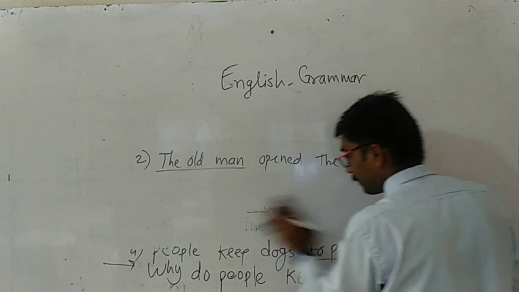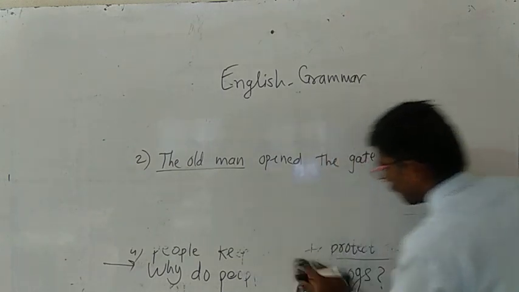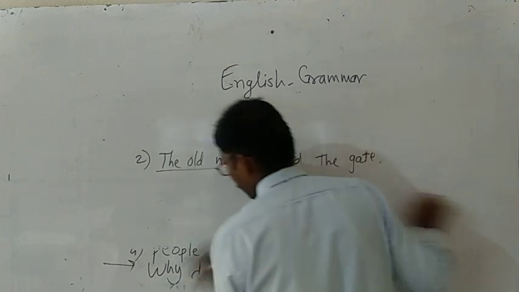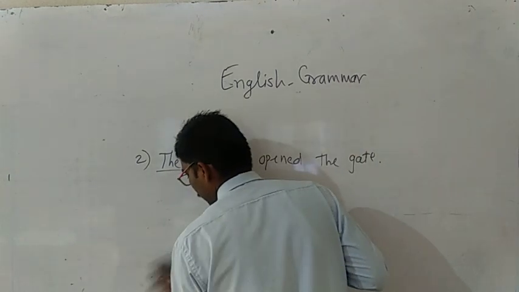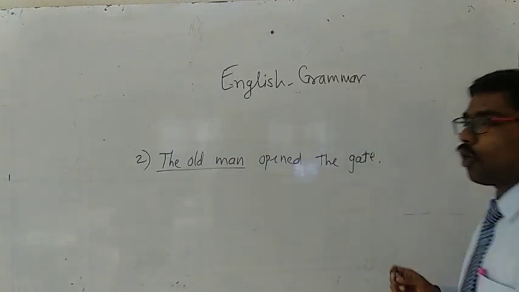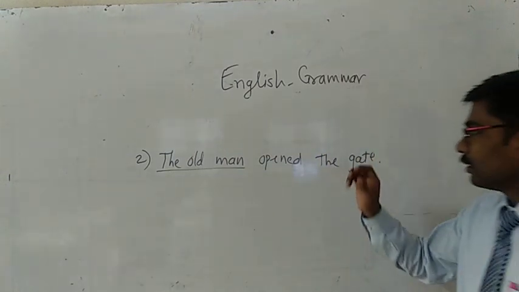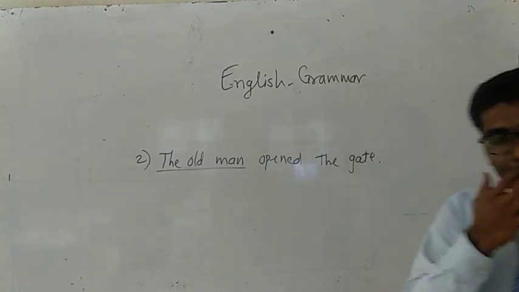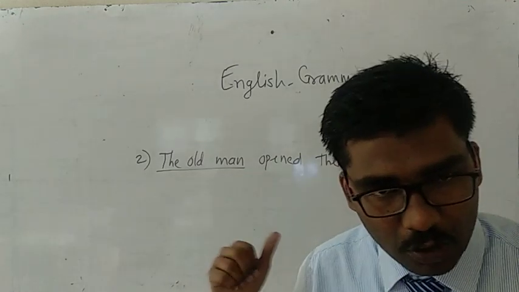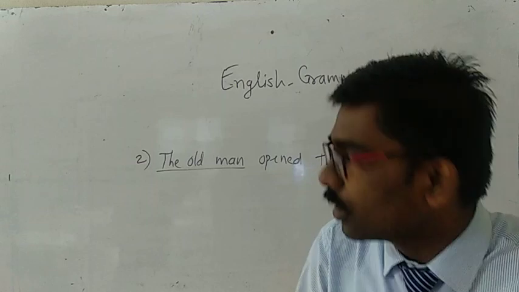Second one is remaining. The old man opened the gate. Dear students, here one rule is there. That's why I did not solve this, because I wanted to give you the rule.